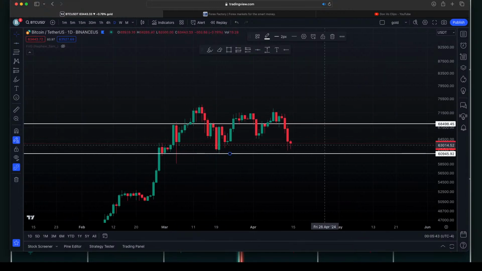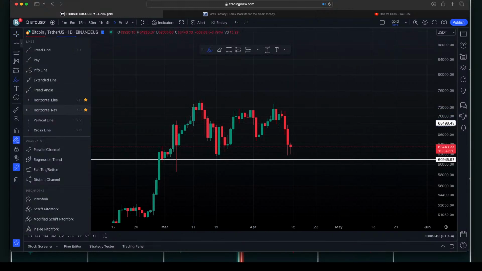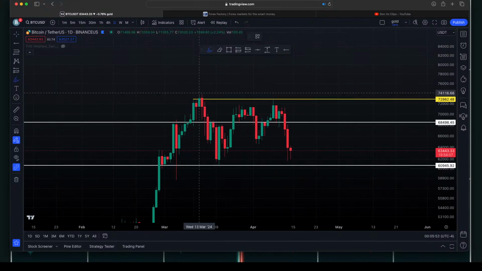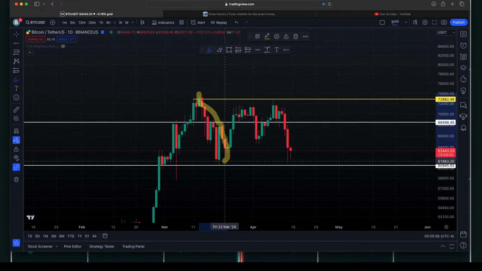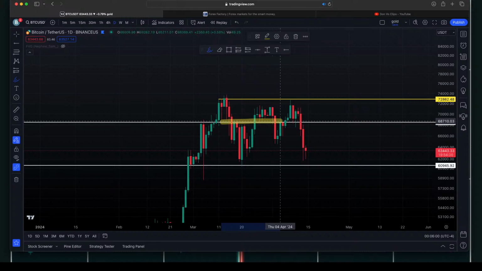So once we did break above here, we created this new high right here, as you can see, and that was the high right there that got broken. And then we started moving down back to the lows, and then we came back up to these highs, did the same exact thing, and broke again.